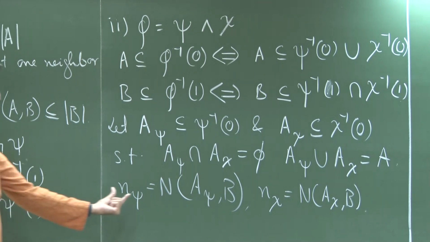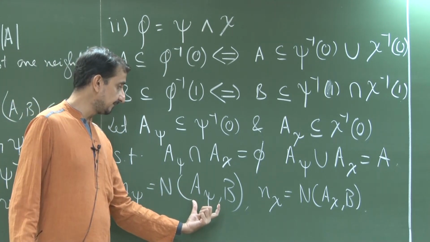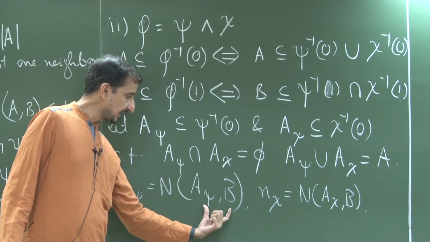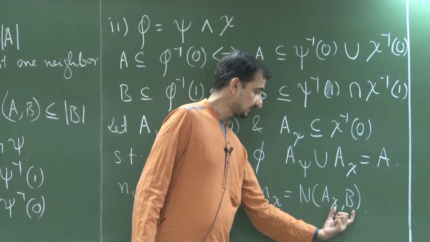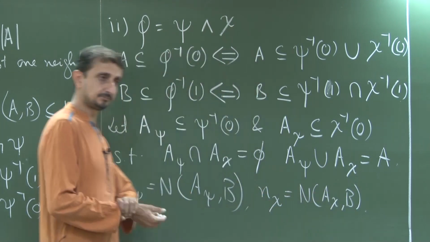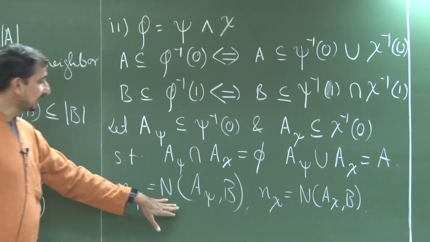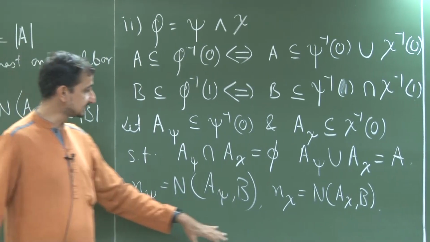Okay. Now, how many neighbors, how many triplets or how many tuples are there which are neighbors between A chi and b, right. So, what is the relation between n A b and n psi and n chi?